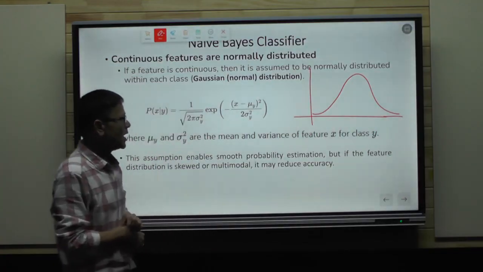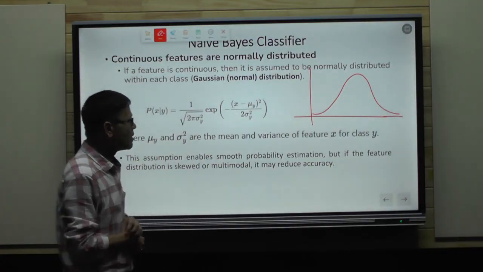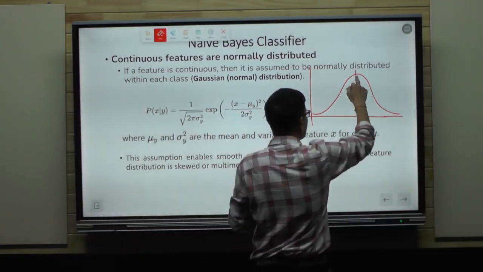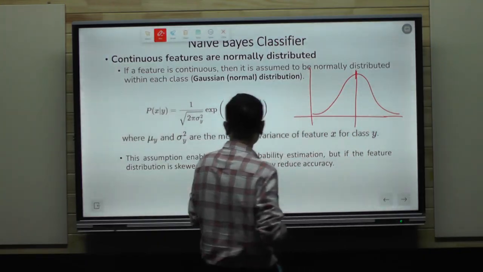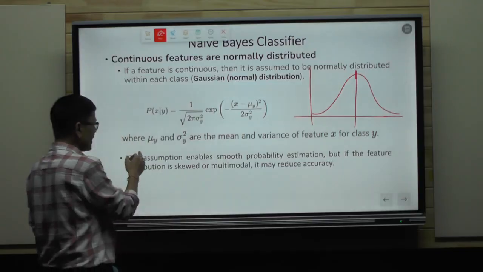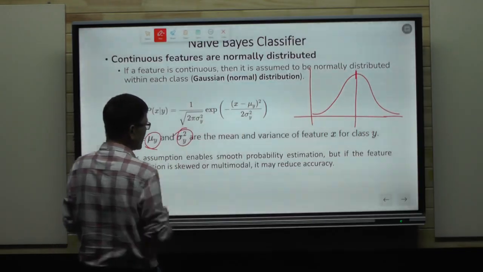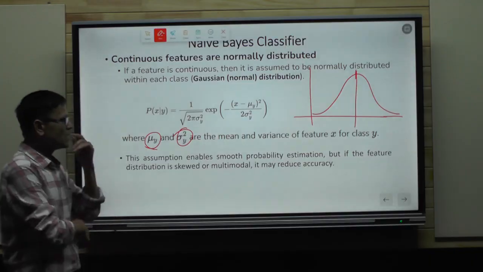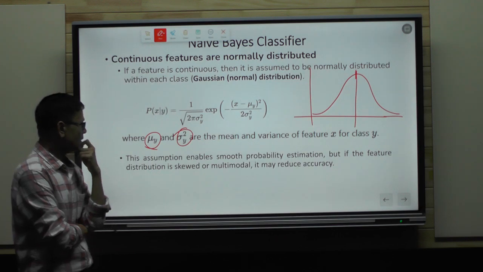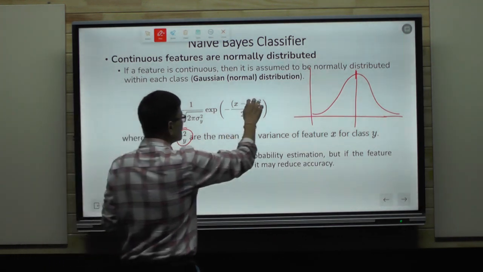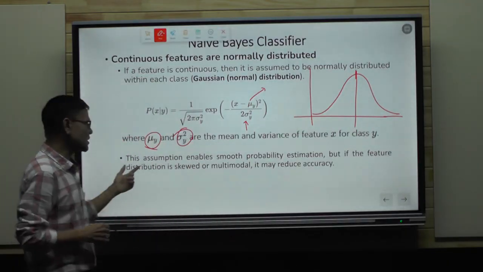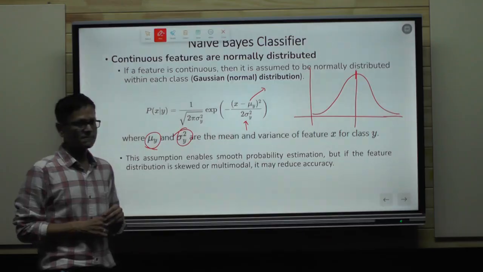It is not skewed, so the mean, median and mode all lie over here. Mu of y and sigma squared are the mean and the variance of the feature x for class y. So mu is the mean, and this is the variance. This assumption enables smooth probability estimation.